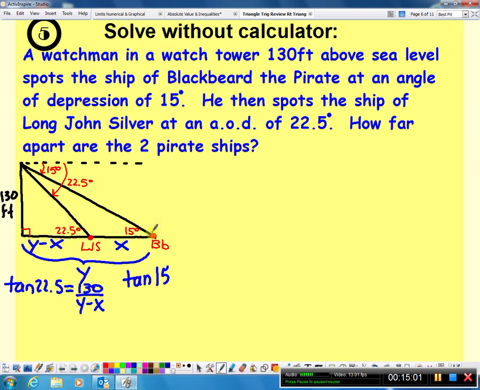Okay, I'm going to clean those up a little bit. And I know that y minus x is the same thing as 130 over tan 22.5, and that y is equal to 130 over tangent 15.